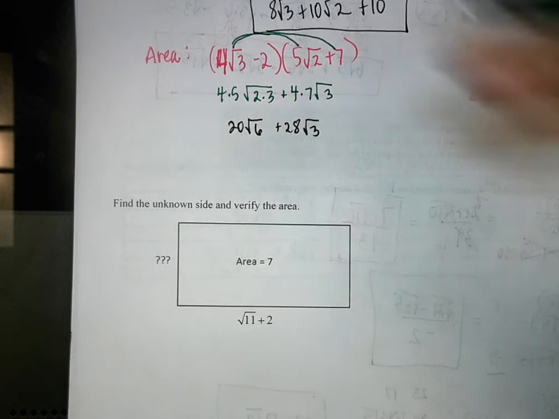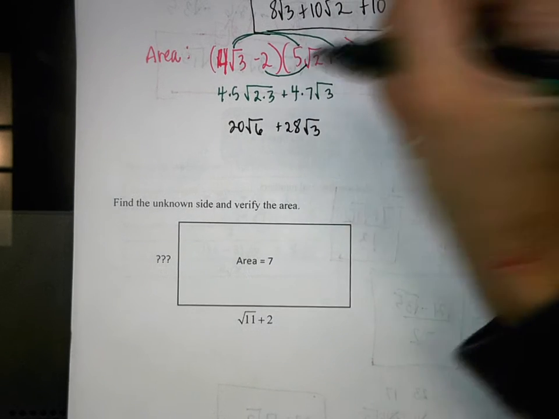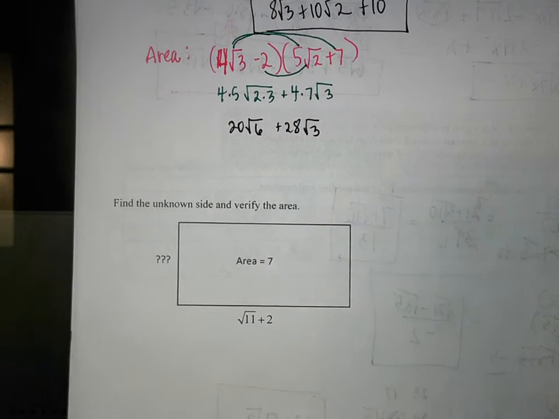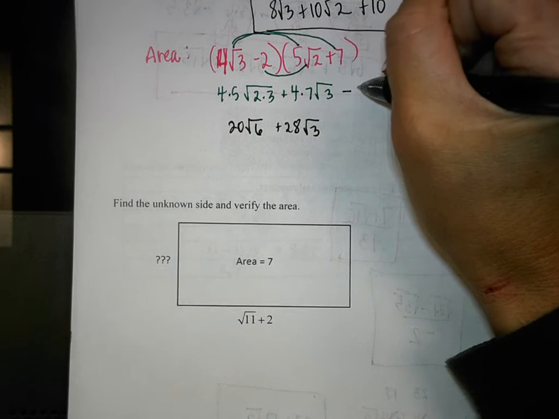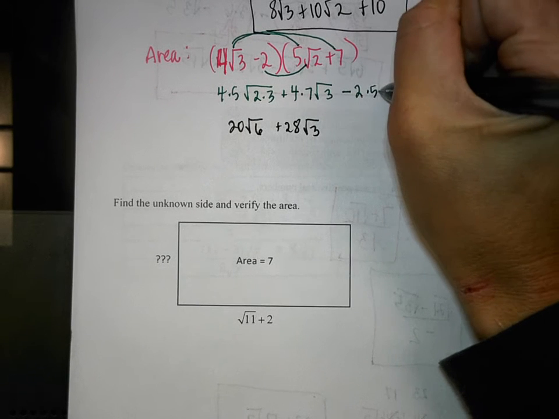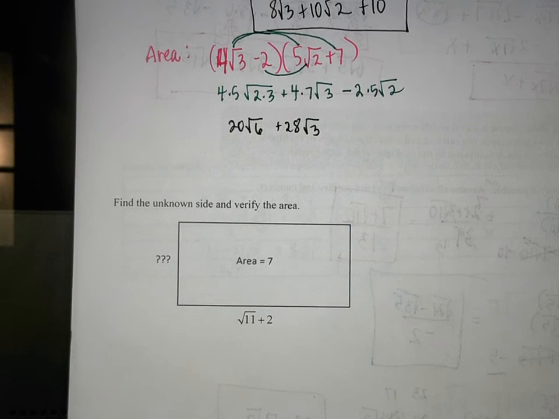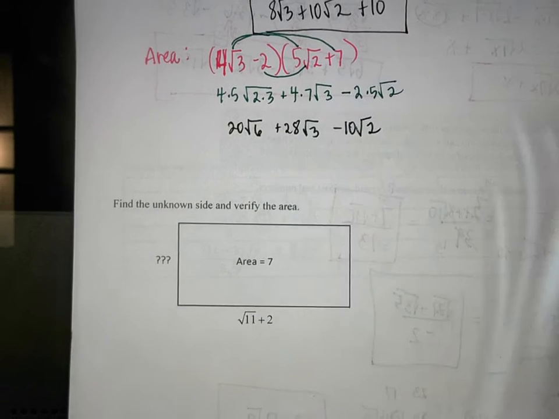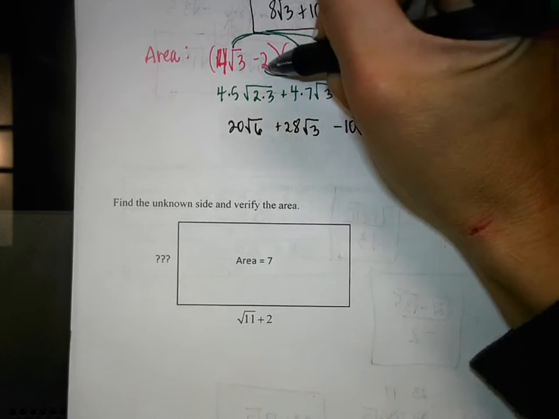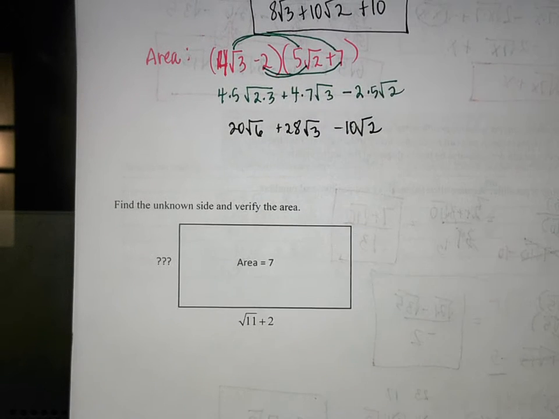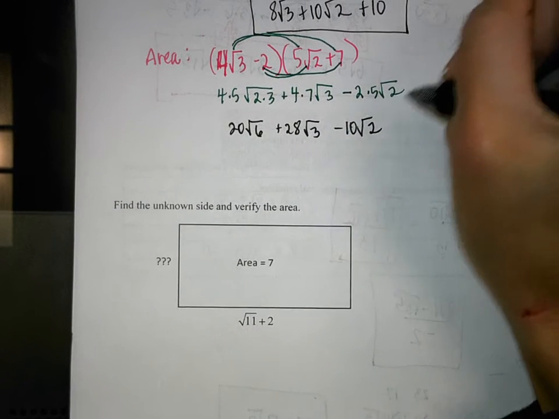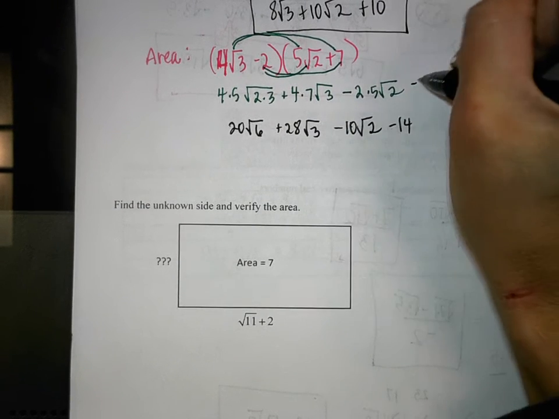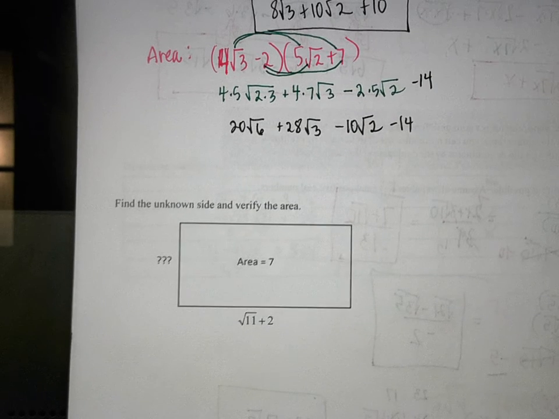Now we have negative 2 times 5 root 2. So we'll end up with the negative, and I have 2 times 5 and a root 2, which will make what? Negative 10 root 2. And last, we just have negative 2 times 7, which makes negative 14. Is there anything that is a like term that we can combine together?